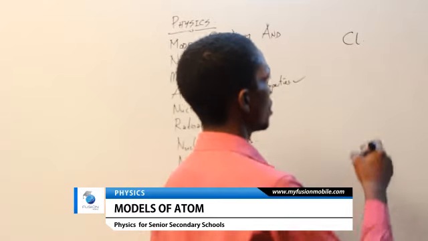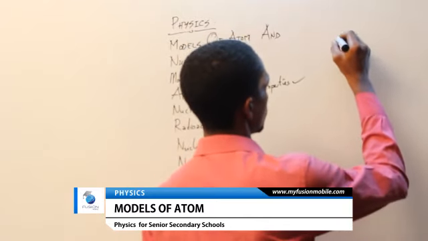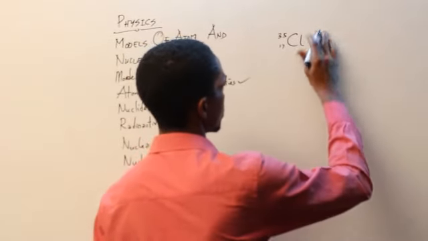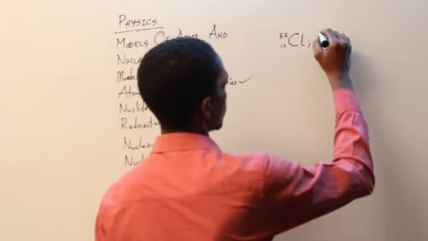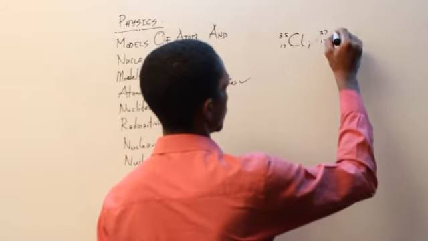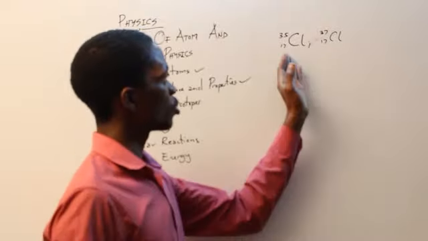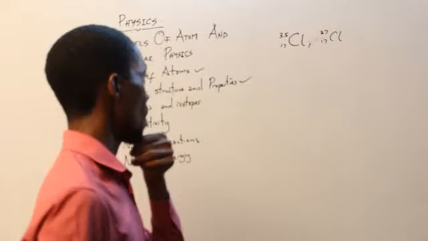Chlorine is represented as 35 over 17, and it also exists as 37 over 17. Now, these are two different isotopes of chlorine.